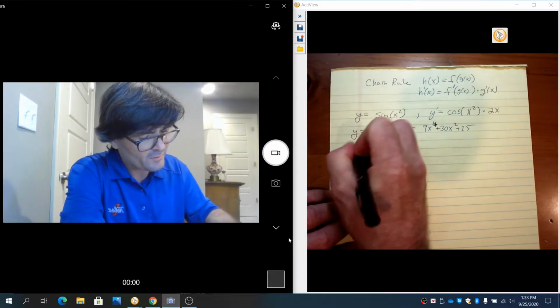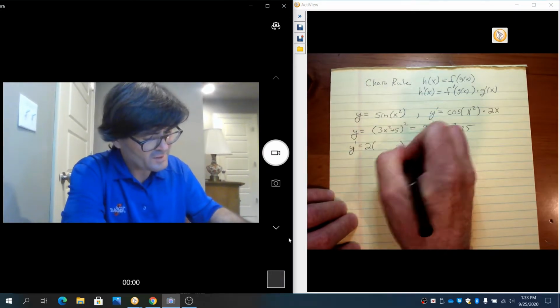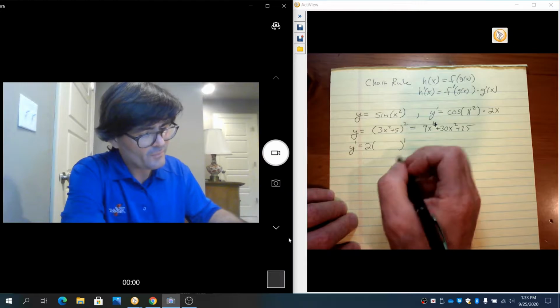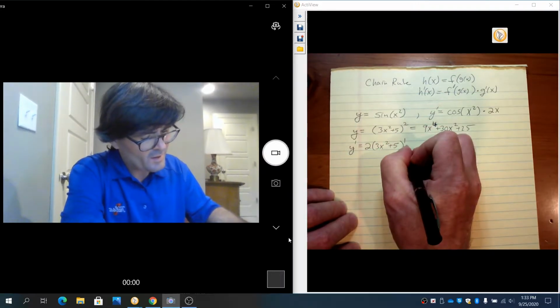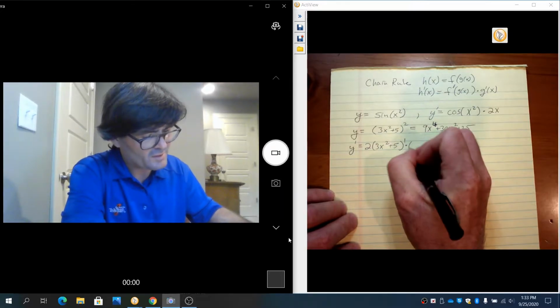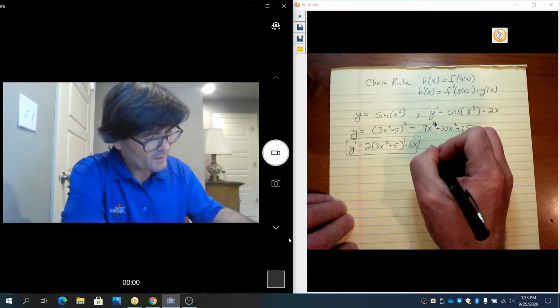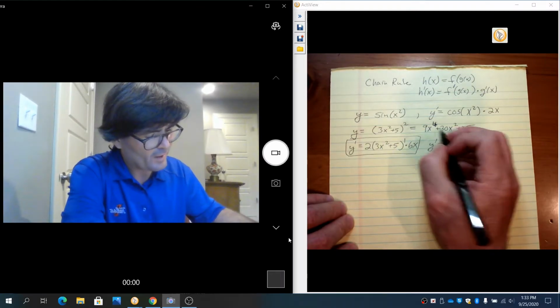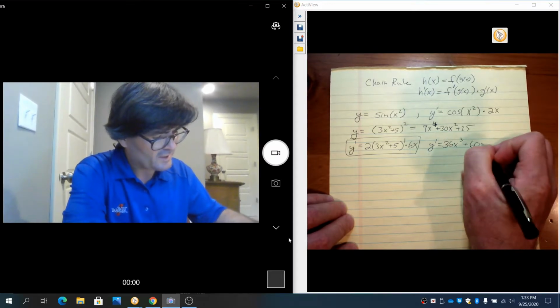The derivative here, using the chain rule, would be the outside derivative. That's something squared. Recopy the inside, and then multiply by the derivative of the inside, which is 6x. So that's one example of the derivative of that function. Also, you could do the power rule here, 36x cubed plus 60x.